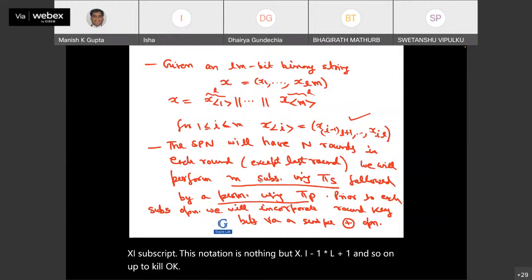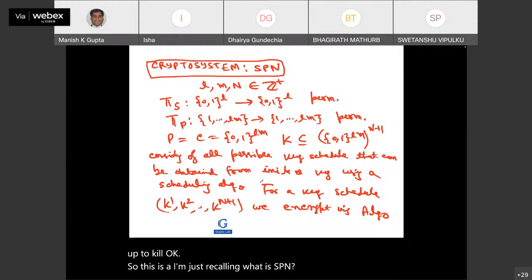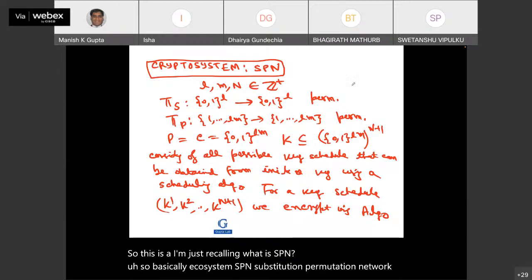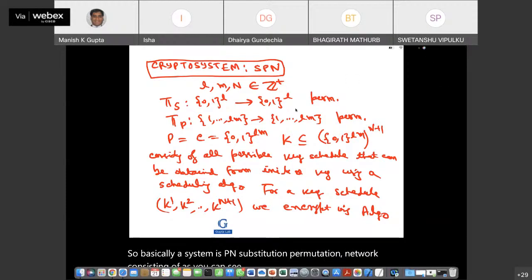I'm just recalling what SPN is. Basically, a crypto system SPN, substitution permutation network, consists of a substitution pi s and a permutation pi p, and the plain text and ciphertext are binary vectors of length Lm, and there is a key schedule. So let me give you the key schedule: the key is k1, k2, up to k n plus 1.